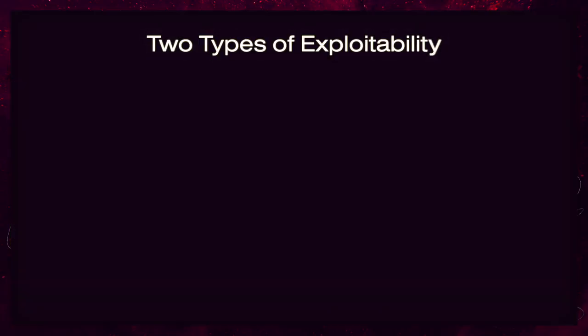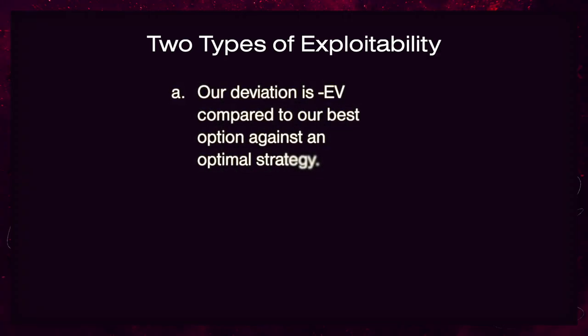So the way I view it is that there are two distinct types of exploitability. The first type is we're making a mistake. We're deviating from optimal strategy in a way that is leaking a lot of EV against optimal strategy. So this would be bluffing a hand with terrible blockers or calling down on a flush board across multiple streets with no club in your hand, whatever the case may be.